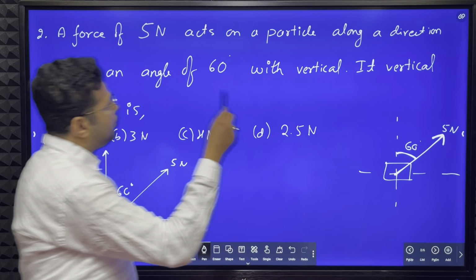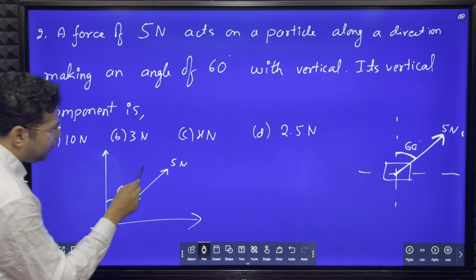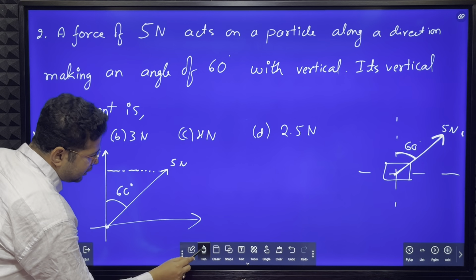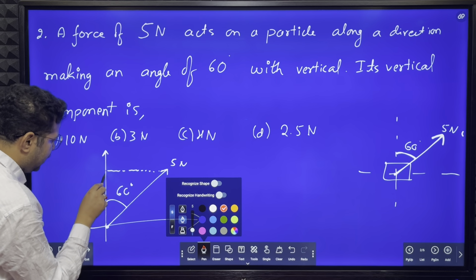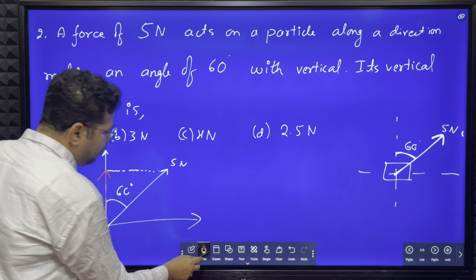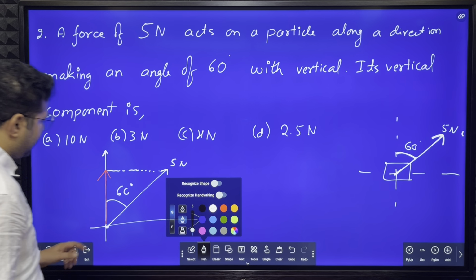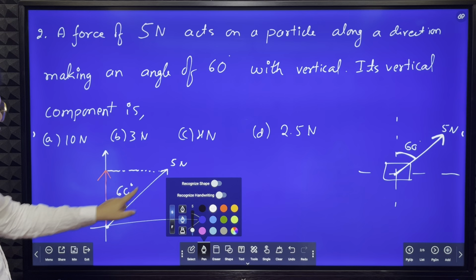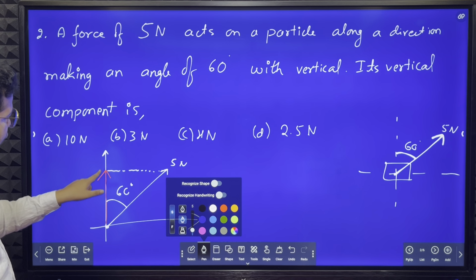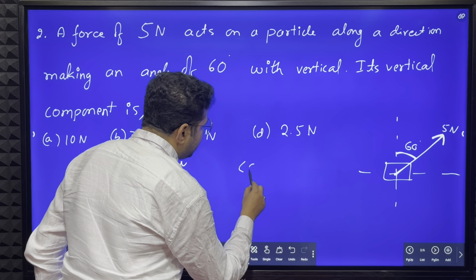What is its vertical component? How to find the vertical component? We have to drop a perpendicular like this, so this will become the vertical component. What we know is the hypotenuse, which is 5 Newton. We don't know the adjacent side, so we'll define cos theta.